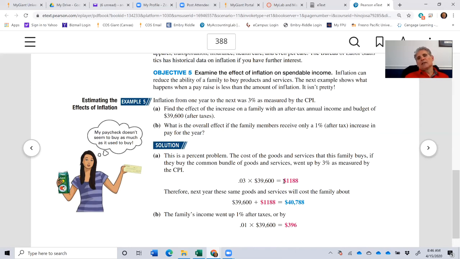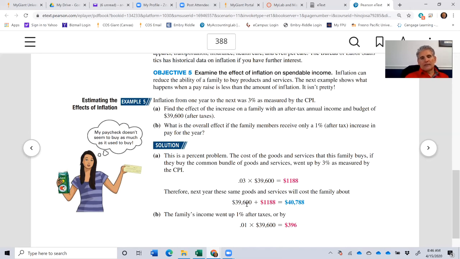We just take the increase of 3%, 39,600 plus the increase of 3%, and that gives us, so whatever they purchased or paid for in the last year now costs $40,788.